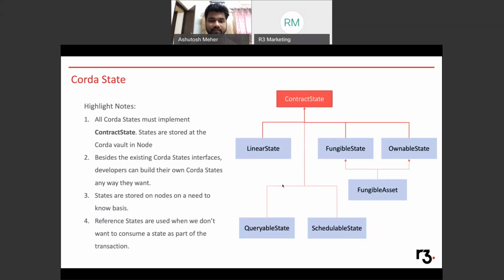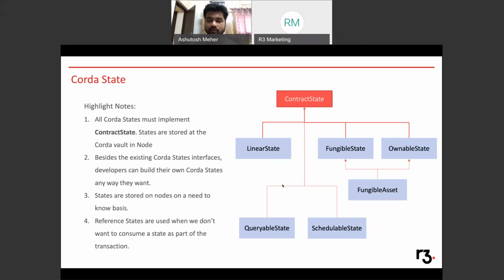Now, linear state is something like a house, right? Every time you do a transaction with a house, it has to go as a whole. You can't say I'm just transacting half of the house. So it doesn't split and merge over time. But you could have something completely different, like a fungible state, something like cash or a stock.